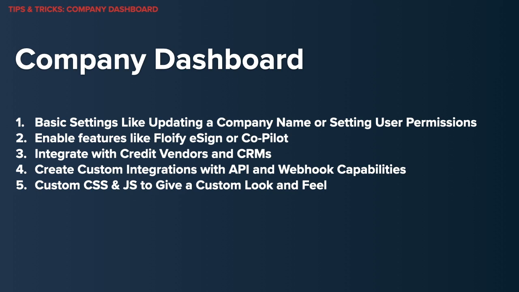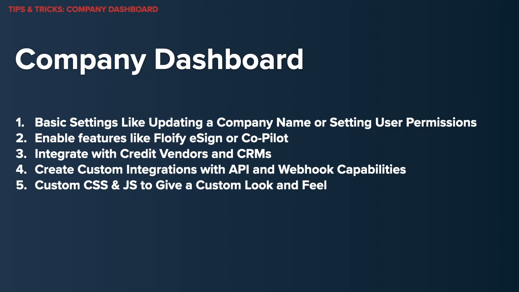If a user has access to the company dashboard, they can make certain adjustments to all teams under that company dashboard, ranging from basic settings like updating a company name or setting user permissions. You can enable settings and features like Floify eSign or Apply Now Copilot. If you're looking to pull credit in Floify, you might want to enable credit or a CRM integration.